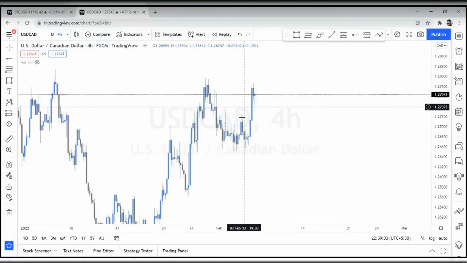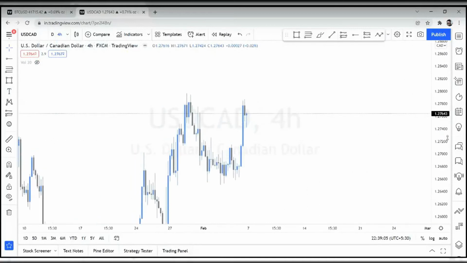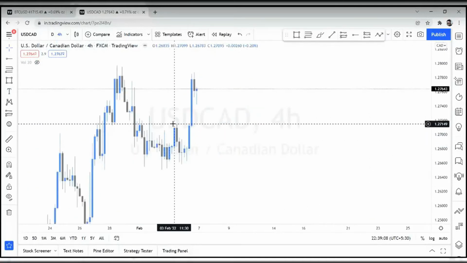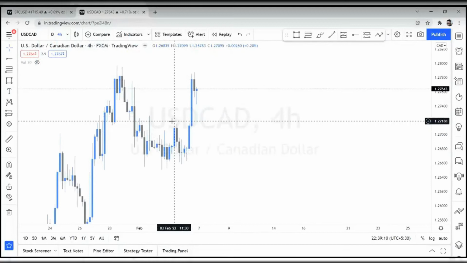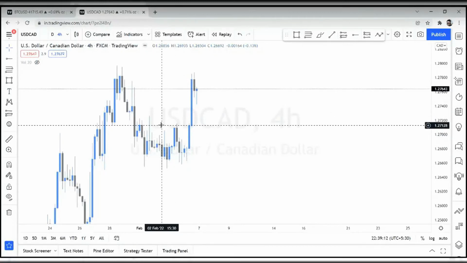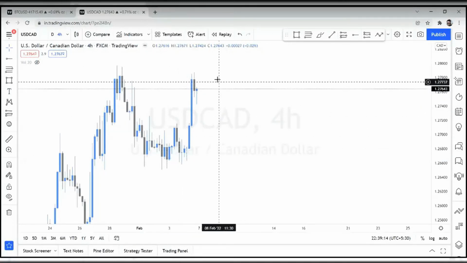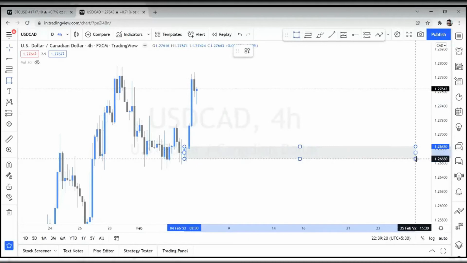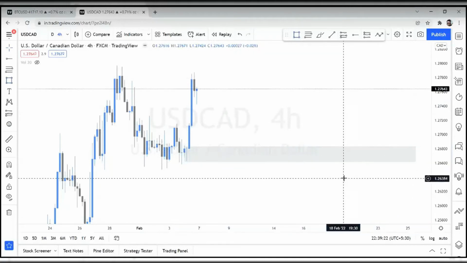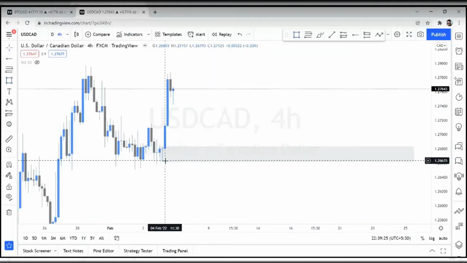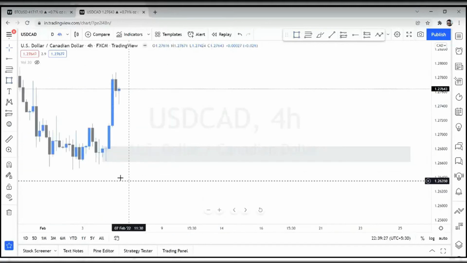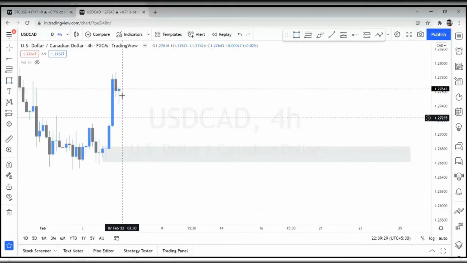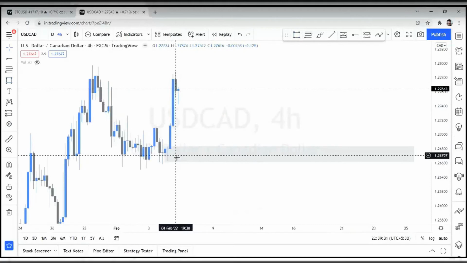What do we have here? We have a break of structure right here, this move. So that means on this very recent move, we're bullish. What are we going to do? We're going to mark the last demand zone. This is the demand zone. Why is this the demand zone? The last candle before the up move. Some may take this as the demand zone.